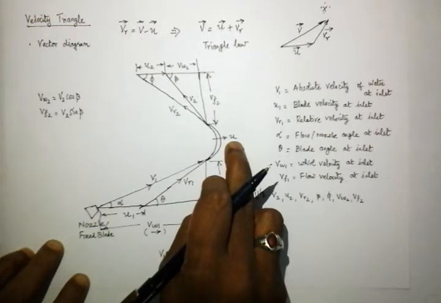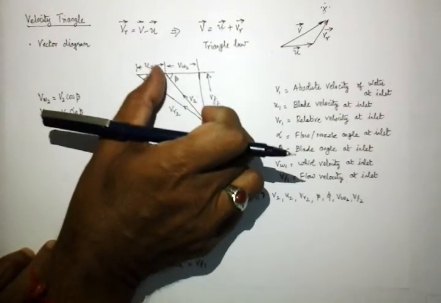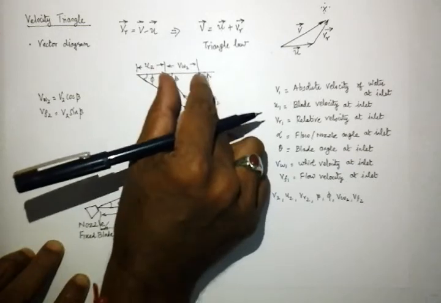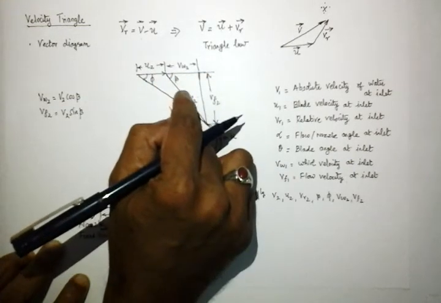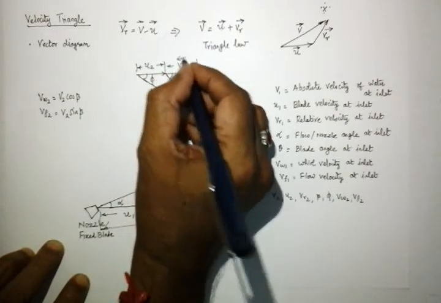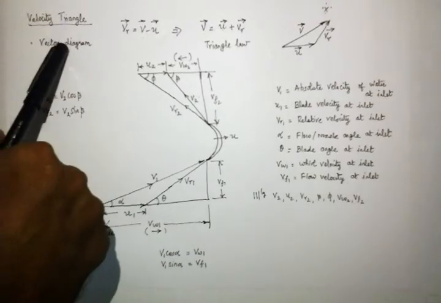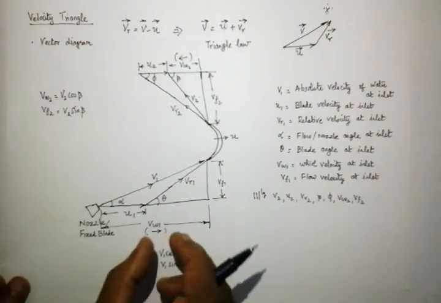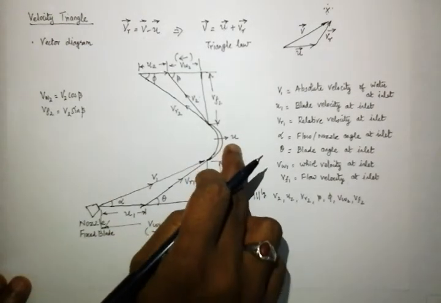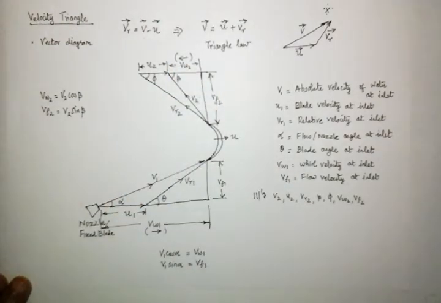On the other hand, V2 has a component VW2. V2 cos beta will be acting in this direction. As I already told you, it is a vector diagram, so everything represents magnitude as well as direction. Note here that VW1 is acting in the direction of the blade, and VW2 is acting in the opposite direction to the blade.